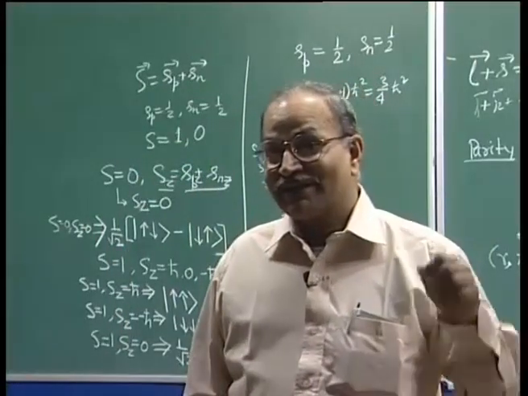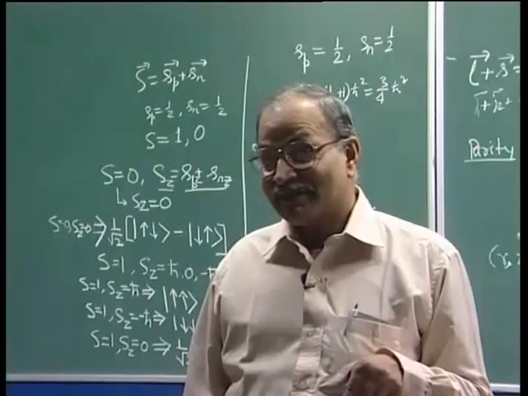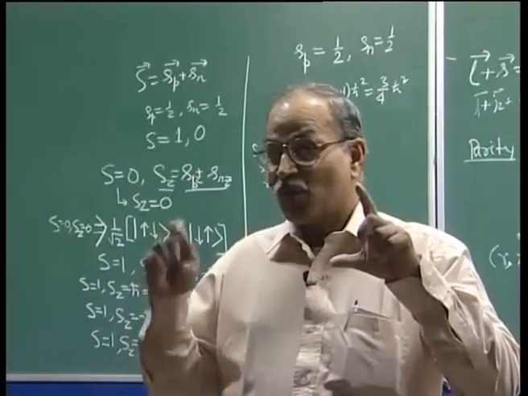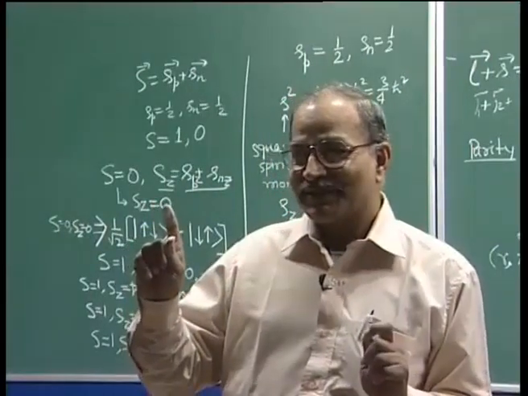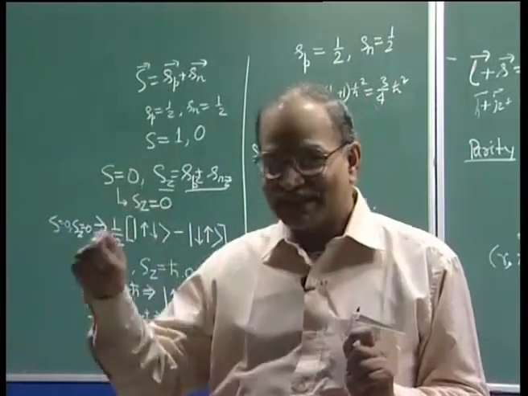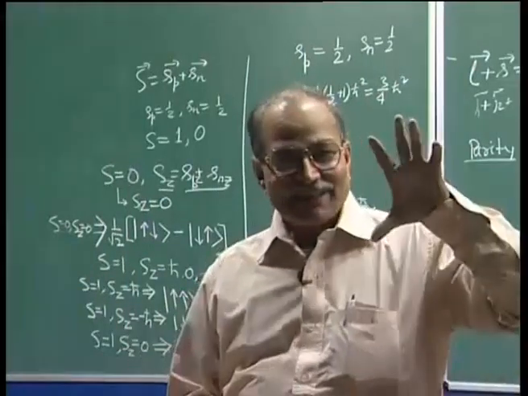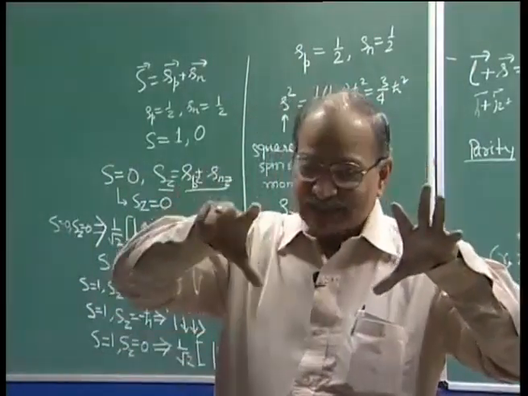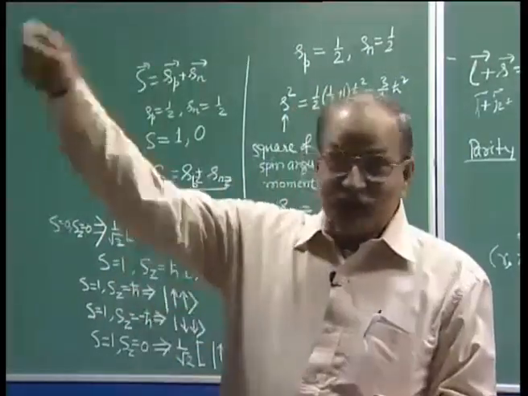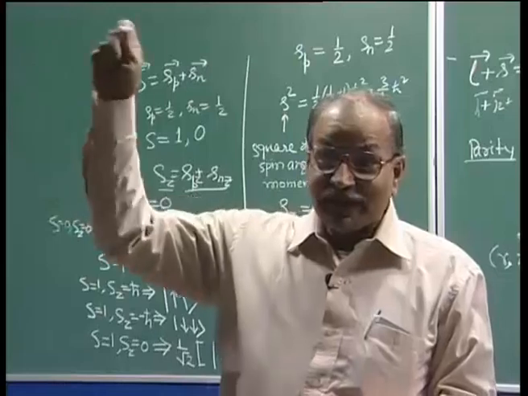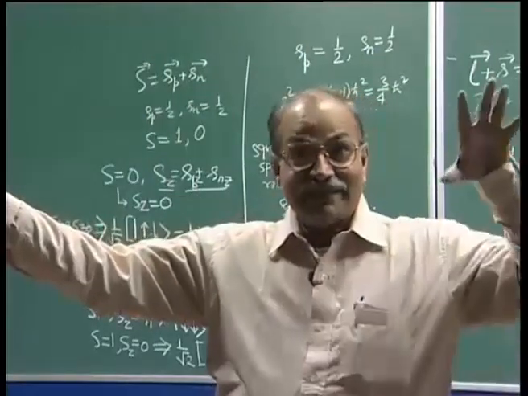What is the measured value telling me? Capital I is equal to 1 and orbital angular momentum is 0. So, what is capital S? The orbital angular momentum and this spin angular momentum, I am talking of Deuteron as a whole, should couple to capital I. Capital I is 1 and this L is 0.